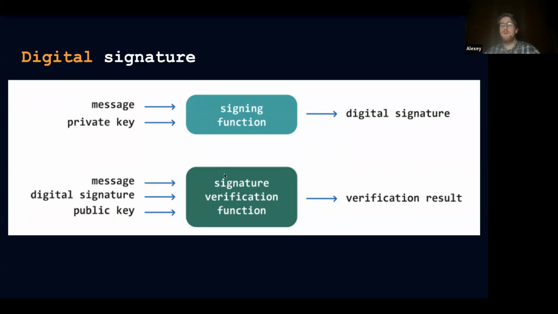So it is not included directly into the transaction. And in order to prove that someone is spending bitcoins from their address, so they have the right to spend these bitcoins, they need to publish the public key.